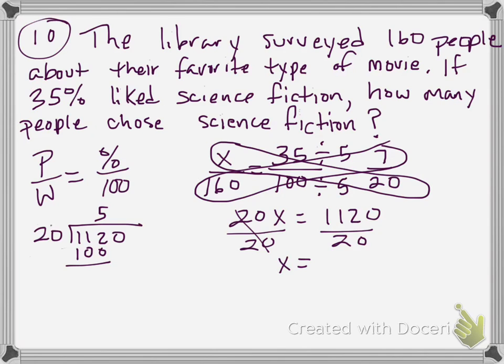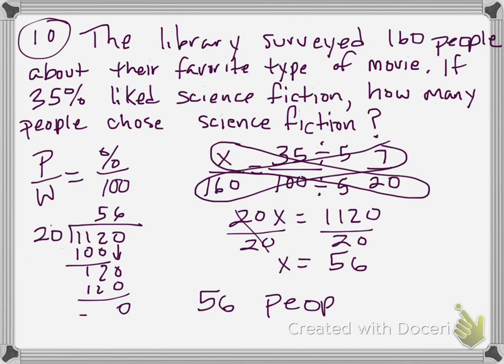And then I would subtract and get 12. Bring down the 0. 20 into 120 will go 6 times, and that goes perfectly. I have nothing left over. So x equals 56. And this is asking me about people, so my final answer would be 56 people.